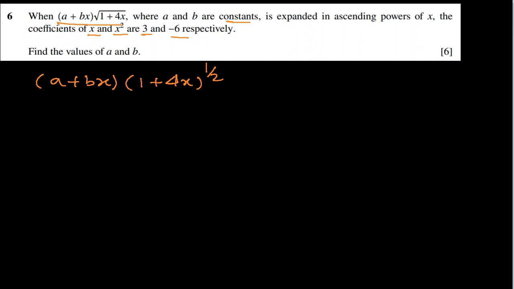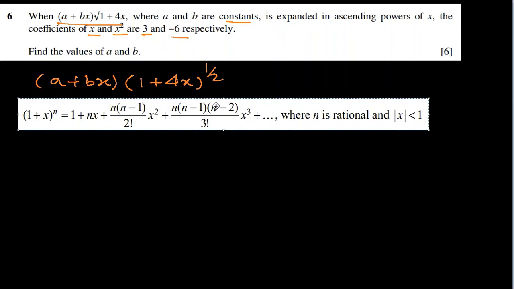And if I expand the second one with the help of the formula given in the formula sheet, this is the formula. It can be written as, I'm expanding only this one, okay?